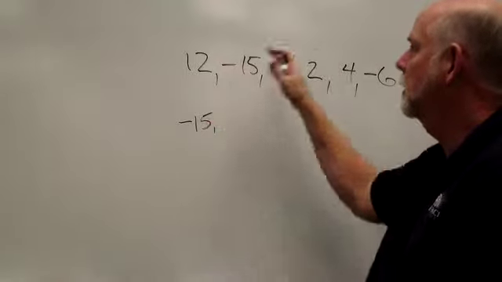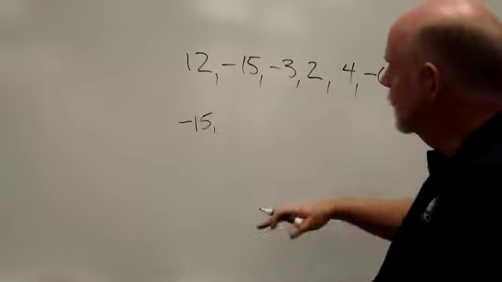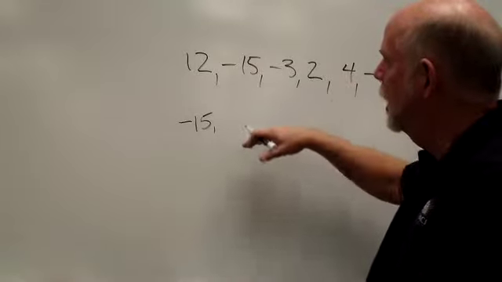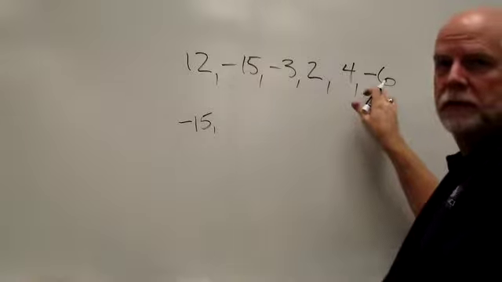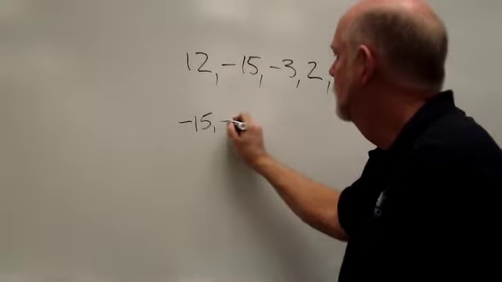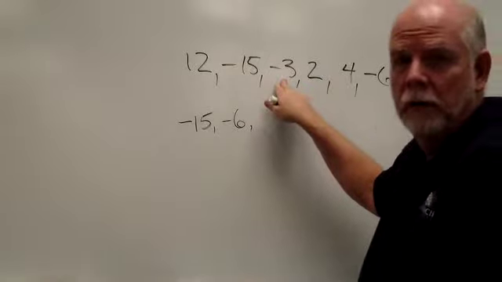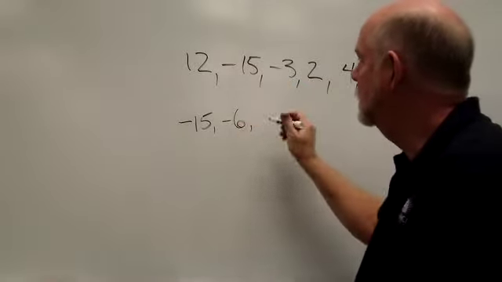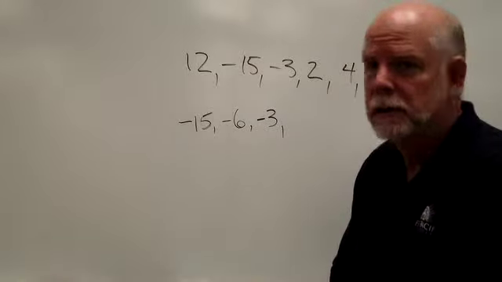Okay? Then we need to go to the next bigger negative number. And so as we progress up the scale in temperature or up the scale on the negative side, we would get to negative 6. That's the next biggest number here. So negative 6 would go next. Negative 3 is our only other negative number, and it is bigger than negative 6 because negative 3 degrees is not as cold as negative 6 degrees.